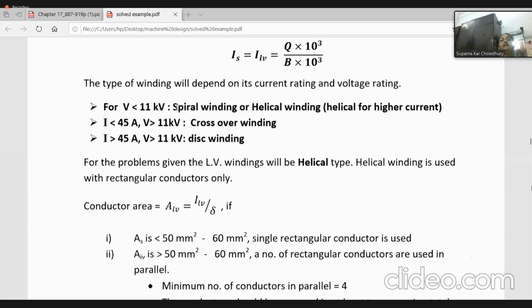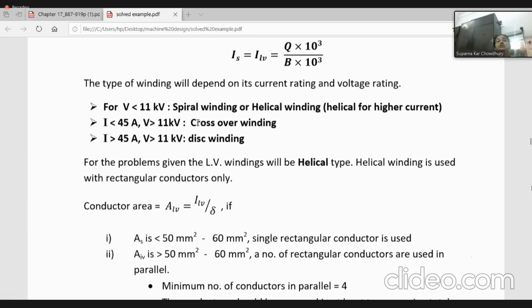Now, among these windings, spiral can be used with circular or rectangular conductor. Helical winding is for large current, so the conductor cross section is large. We go for rectangular cross section.